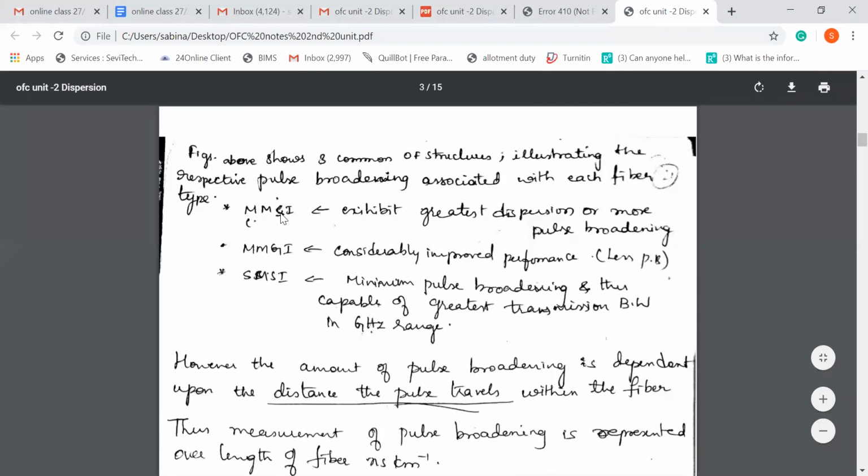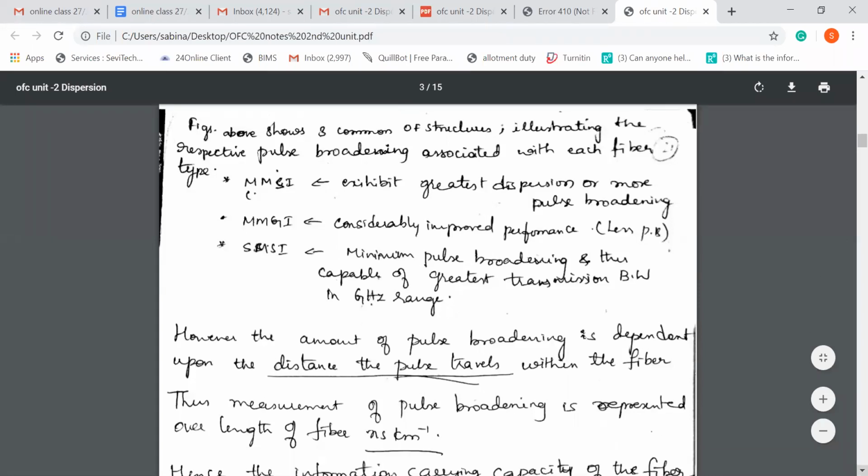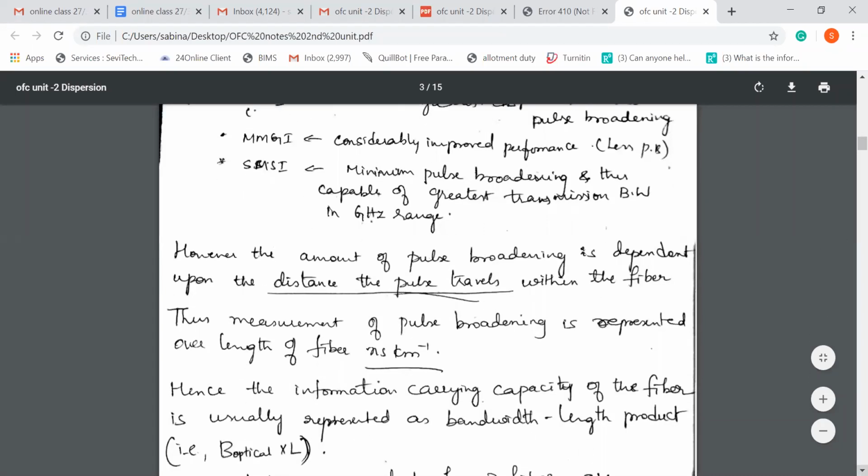Multimode step index exhibits the greatest dispersion or mode pulse broadening. Multimode graded index has considerably improved performance, because the dispersion is a little less compared to the previous one. Single mode has minimum pulse broadening and is thus capable of greater transmission bandwidth in the gigahertz range. So it is very good for single mode step index.